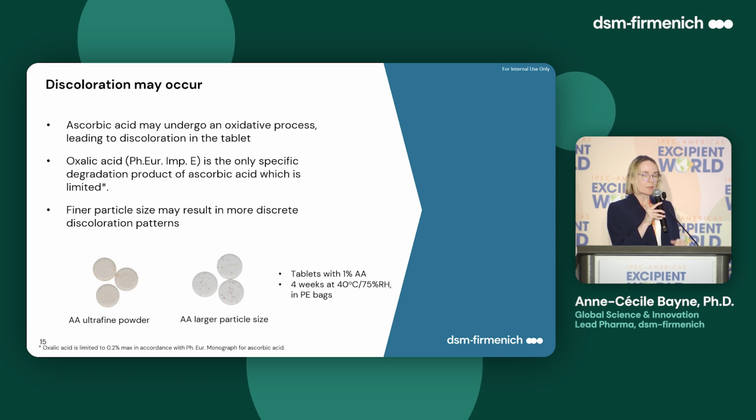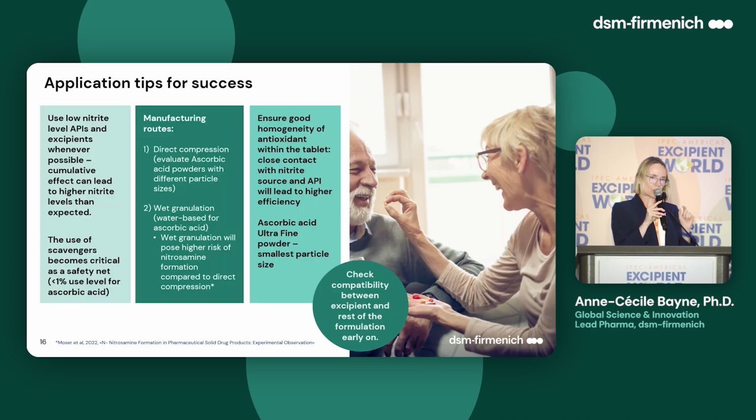But what we found is, it's always sensitive to oxygen and temperature, humidity, which is not an issue necessarily if you're coating your tablet. But if you are not coating your tablet, what we found in our cases is that using the smallest particle size was most effective. First it goes all around in the tablet if it's well mixed, and so you have less of an issue of a little discoloration here and there.